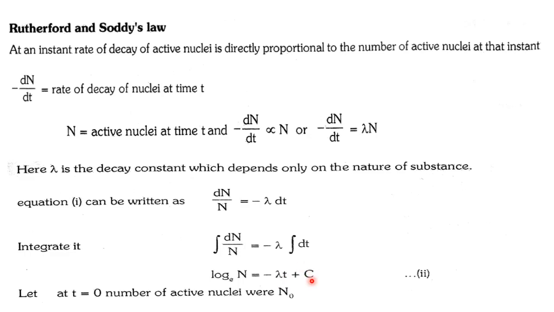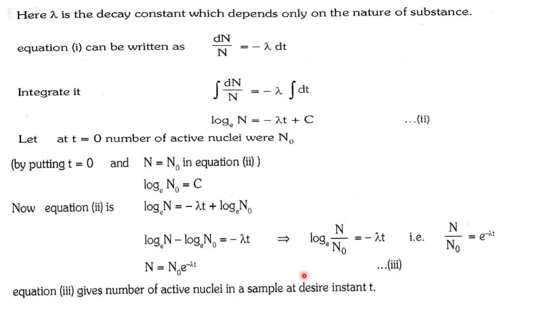Now we have to calculate this integration constant by putting in the initial or boundary conditions. What is the boundary condition? At time t equal to 0, we consider that the number of nuclei present is N0. If you substitute this condition in equation 2, we get the value of the integration constant as log base e N0.